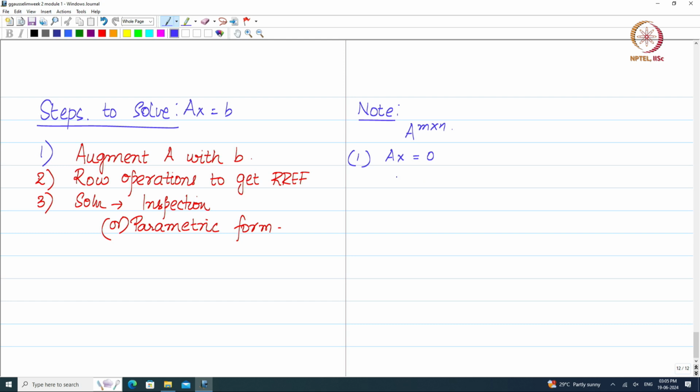If the RREF of A has fewer than n leading ones, then Ax is equal to 0 has infinitely many solutions, that is, it has a non-trivial solution.